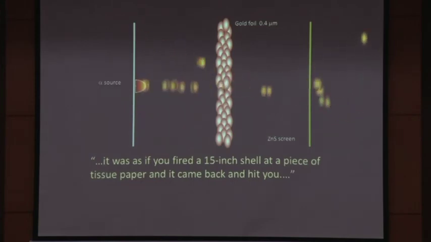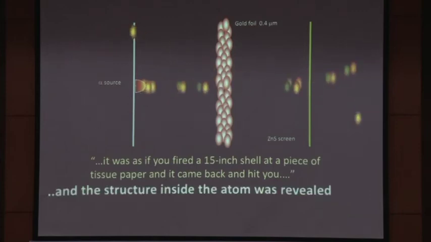So you can imagine that it should not be coming back, but that's what was found in the experiment. And the bottom line here is that the structure inside the atom was revealed with this experiment.